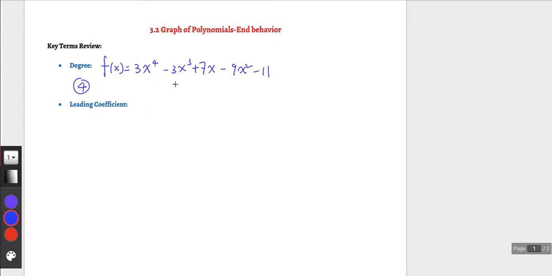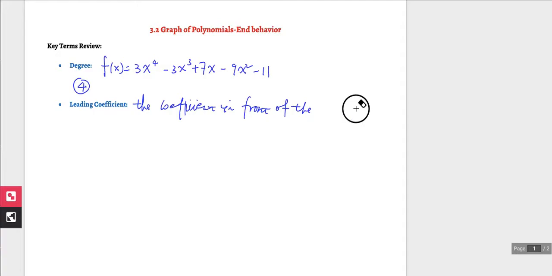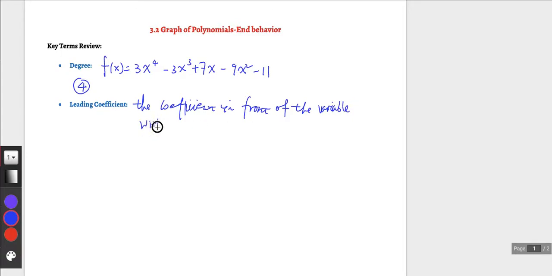And for the leading coefficient, we are still going to focus on this one too. The leading coefficient is the coefficient in front of the term, in front of the variable with the highest degree, or the highest exponent, as you say.